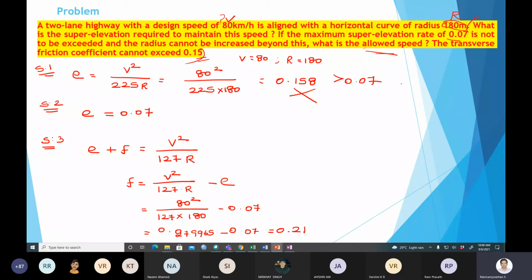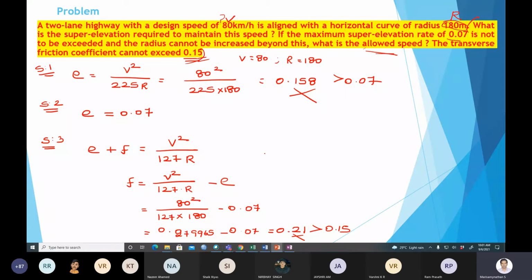Then the problem itself mentions that the transverse friction coefficient cannot exceed 0.15, which means this value is permitted only with respect to the maximum value of 0.15, but it exceeds 0.15. So we cannot adopt this value.